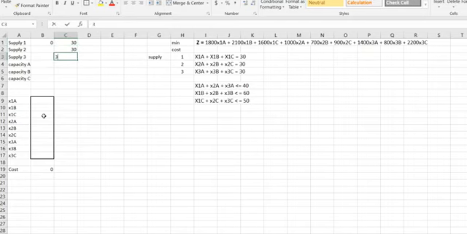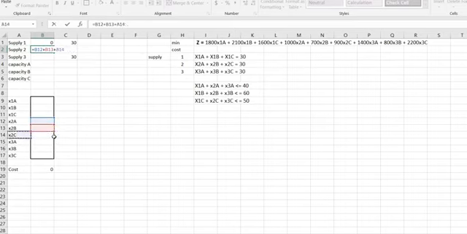These three are all 30. Supply for warehouse 2 equals 2A plus 2B plus 2C. And we have equal to 3A plus 3B plus 3C.